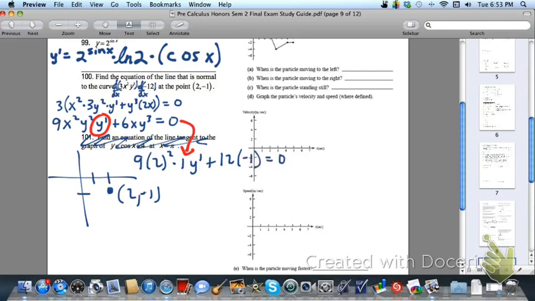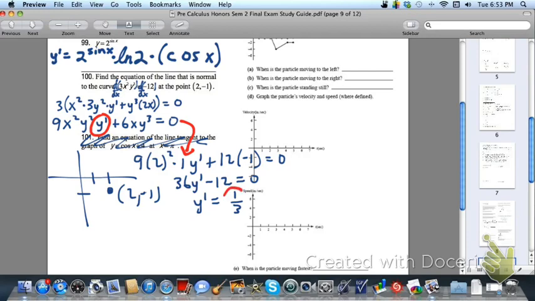So we're trying to still figure out what y prime is. We have 4 times 9 is 36. We have 36 y prime minus 12 equals 0. So if we add 12 and divide by 36, we get y prime equals 1/3.